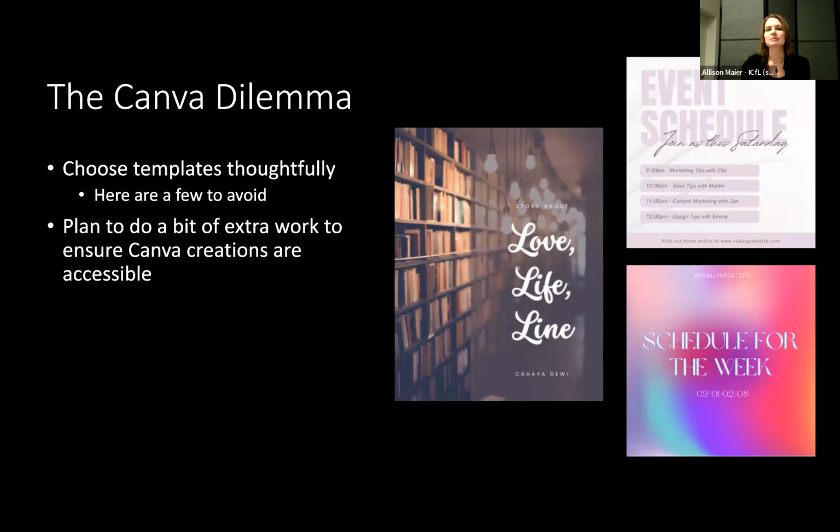And I do think Canva has been working to make improvements with accessibility in terms of what the product looks like once it's downloaded. But if you are building bigger documents in Canva that you're going to be distributing through your website or other digital platforms, it's good to plan to do a bit of extra work to make sure that those creations are accessible. So with this presentation, I've included some links that give some examples of that.